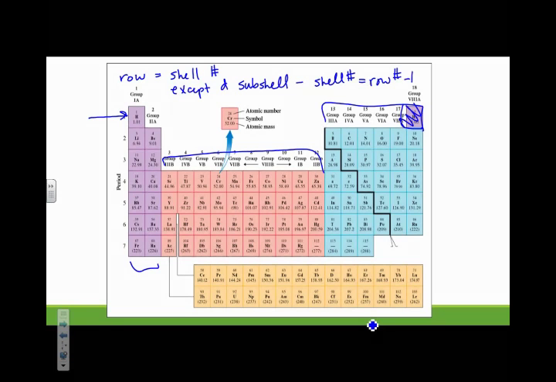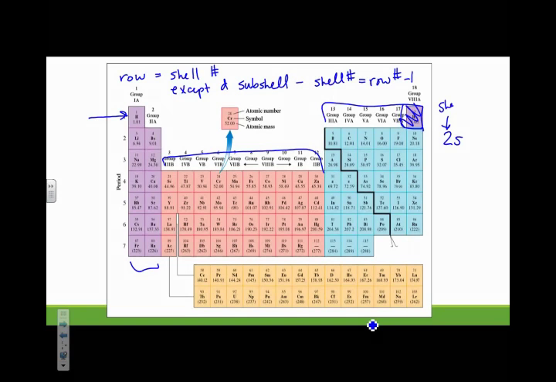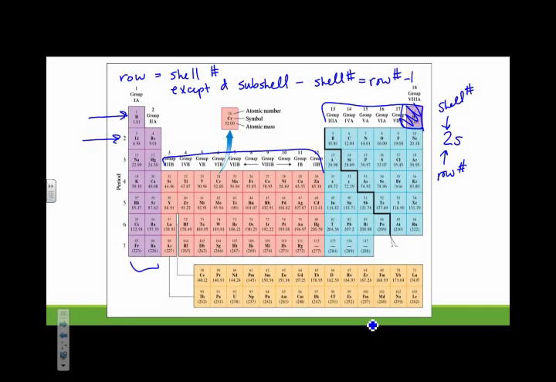So if I was looking for the 2s subshell, this 2 tells me the shell number, and it also tells me the row number on the periodic table. So the 2s would be in the second row somewhere.